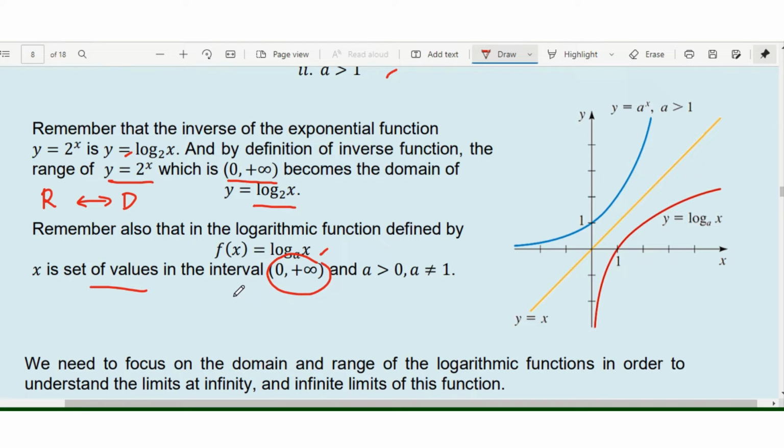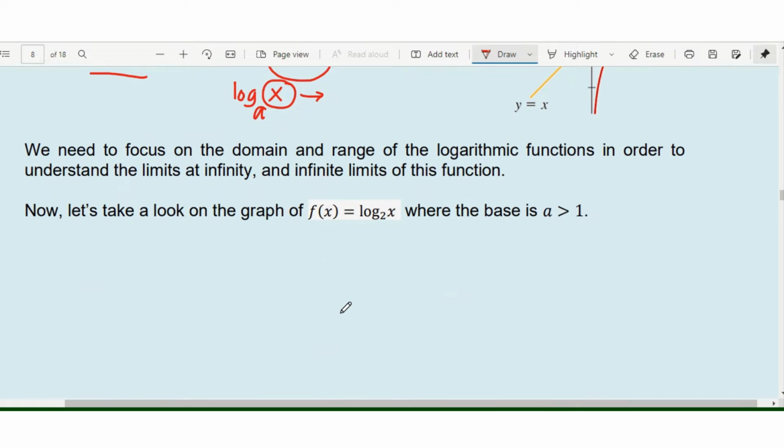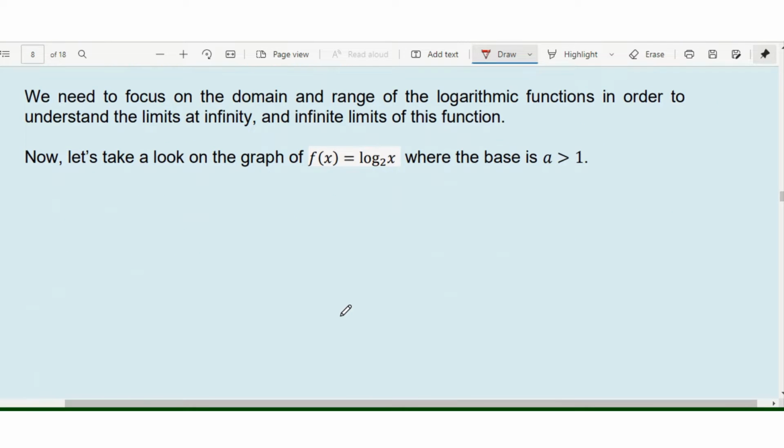It means therefore that x does not accept negative values, and with 0 there is no such thing as logarithm of 0 or logarithm of a negative number. Now, we need to focus on the domain and range of the logarithmic functions in order to understand the limits at infinity and infinite limits of this function.